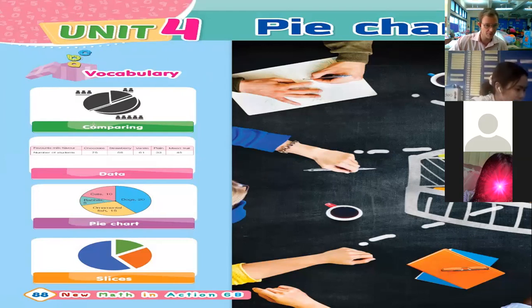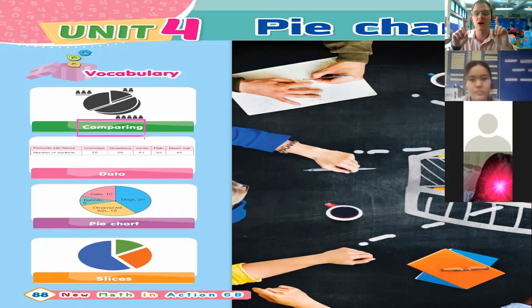The first one we have over here is comparing. Now, comparing means if we have two things that are quite similar, but we want to find out the difference or want to find out which one might be better than the other one, we compare the two. When we compare, we can compare different types of things, like attributes.